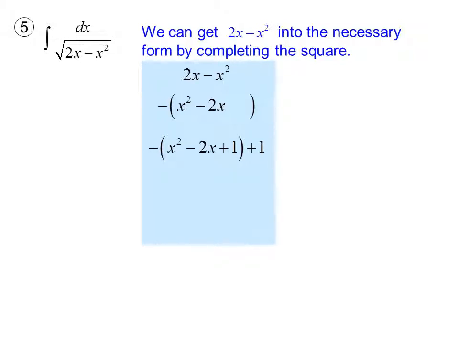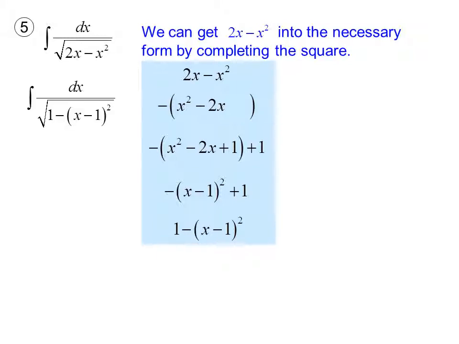Then take half of 2 and square it to get 1. But since there's a negative sign in front, we're actually subtracting 1. So we add 1 here. Now we have negative x minus 1 quantity squared plus 1, or 1 minus the quantity x minus 1 squared.